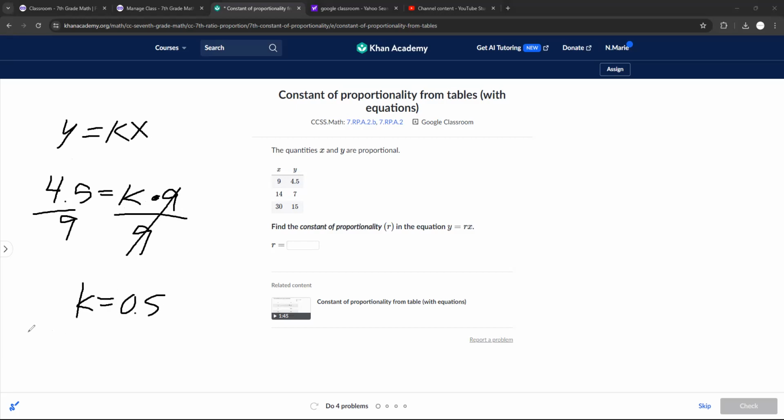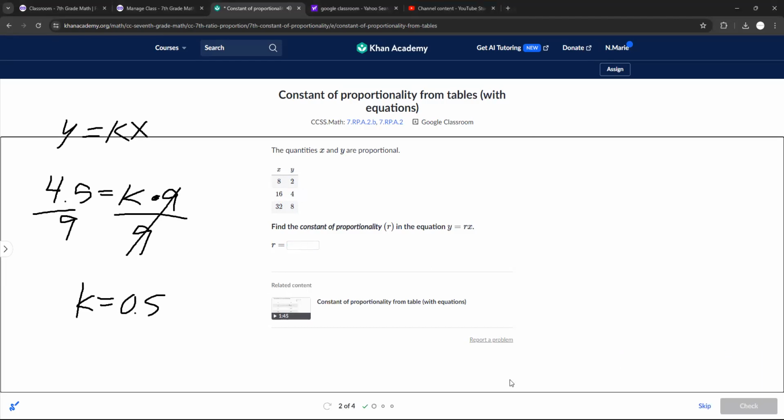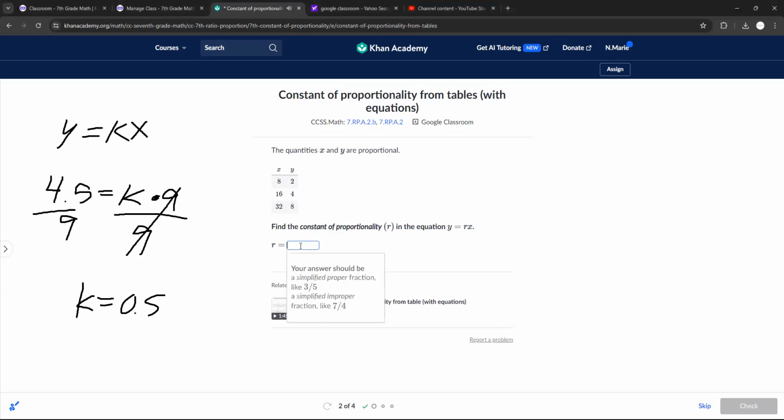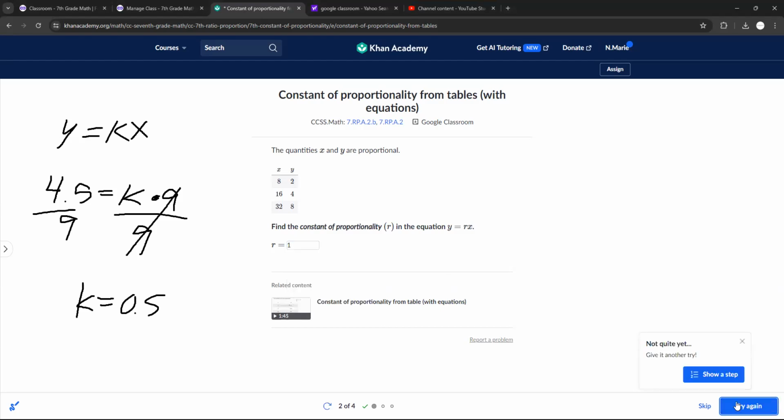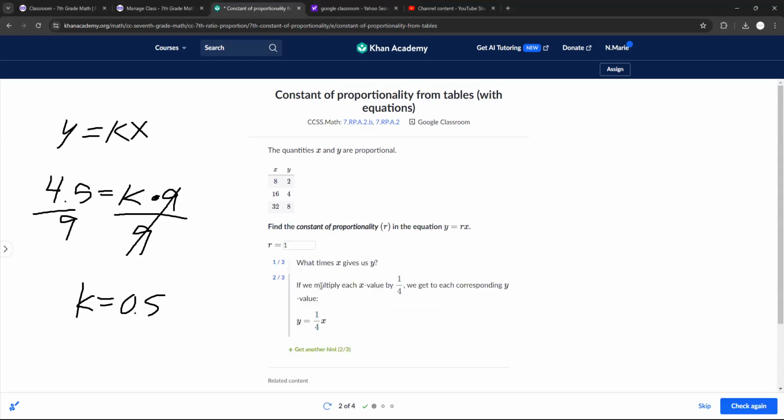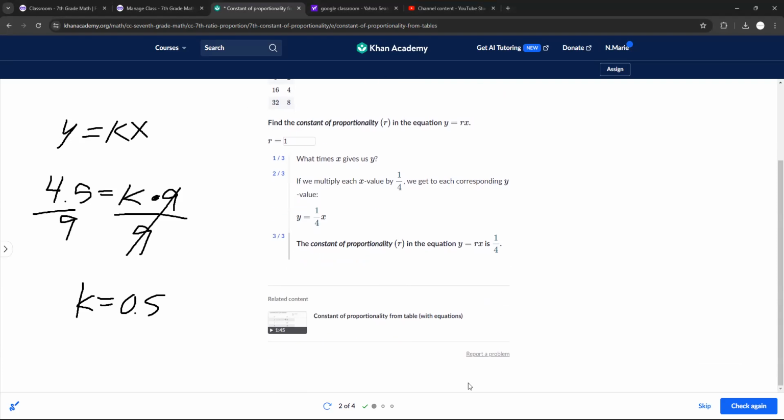And that's the answer. That's your constant proportionality. If you were to multiply all these by a half, you would get 7, you would get 15. So find your constant proportionality by setting up a one-step equation. If you get it wrong, they will show you how to do it. They'll even give you some hints to help you along the way.